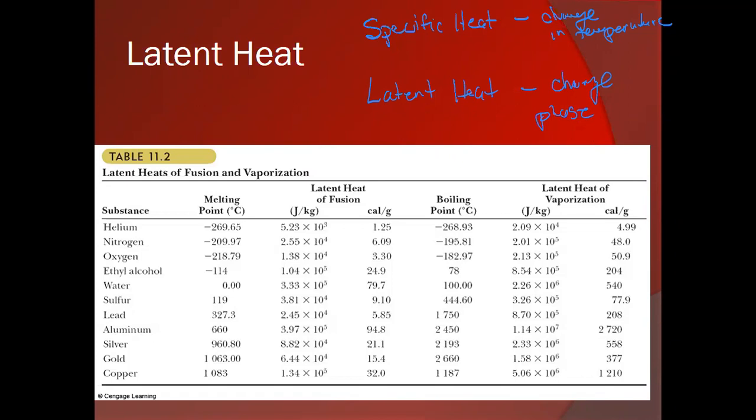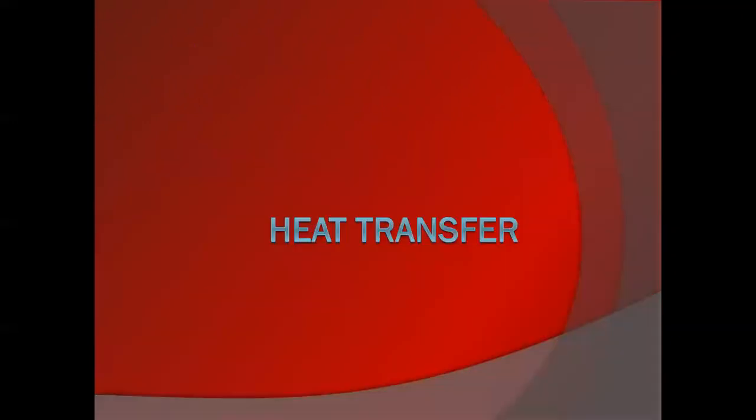And again, there's a latent heat of fusion, which talks about going from solid to liquid, liquid to solid, or vaporization for liquid to vapor, vapor to liquid. All right. So that is basically energy stored by different substances, how it changes temperature, how it changes state.